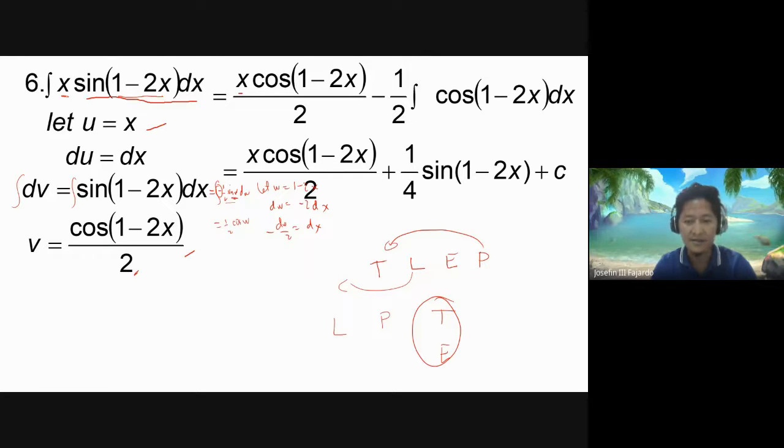So, dapat instead of polynomial, pwede nating i-generalize, pwede natin siyang tawaging algebraic. Ano yung mga algebraic? Yung mga x, may square root of x, or 1 over x. Basta algebraic na yung ating variable na merong real number na exponent. Okay? So, tatandaan natin to.